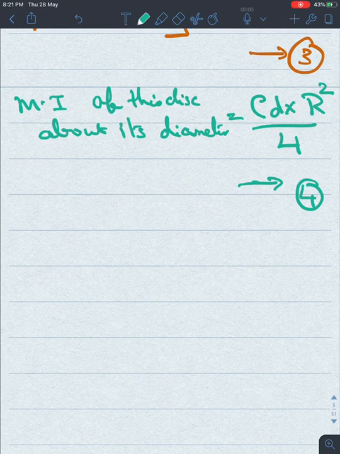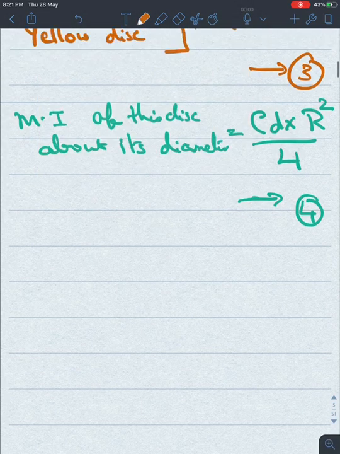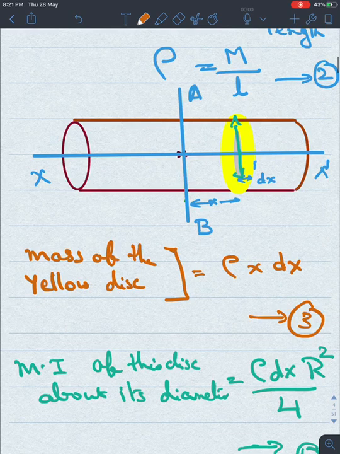Again, using the parallel axis theorem, we know that the moment of inertia about AB, parallel to the diameter, this one, is equal to the moment of inertia about the diameter plus mass into the square of the distance between the axes, that is x.